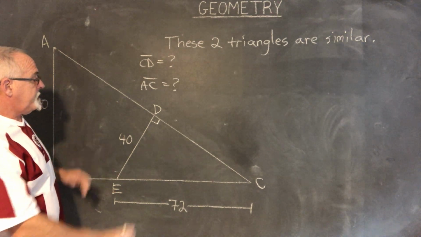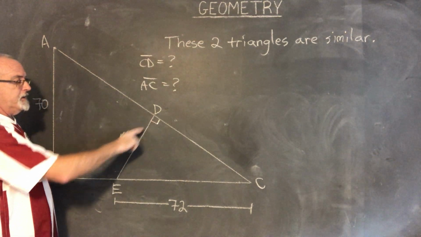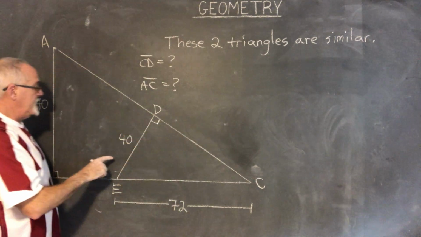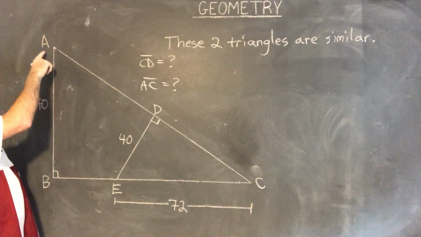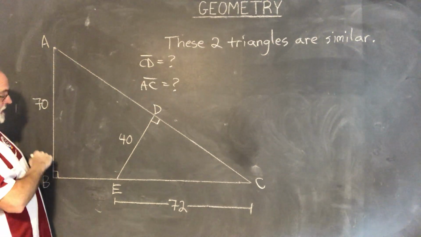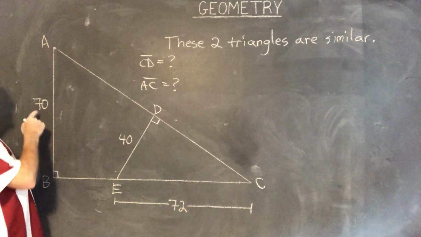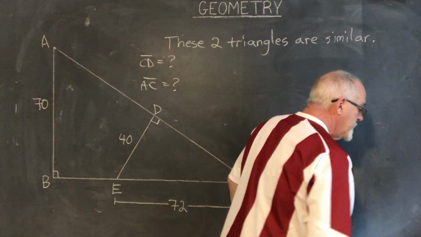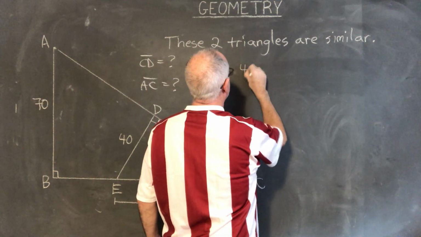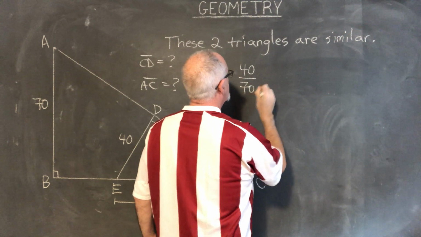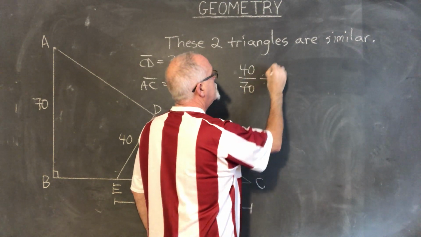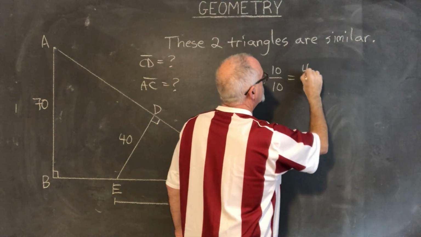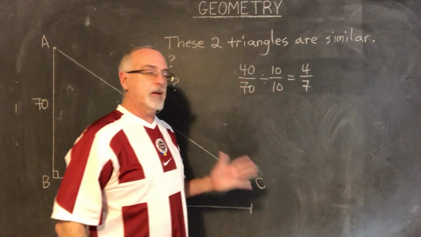But we can see that side DE is the shortest side of this smaller triangle CDE, and this side AB is the shortest side in the larger ABC triangle, and we see how long those are, which means we can find our scale factor. I'm going to write that as 40 over 70, but I can also reduce that by dividing by a common factor of 10, and therefore I get 4 over 7, which is a simpler scale factor to use.